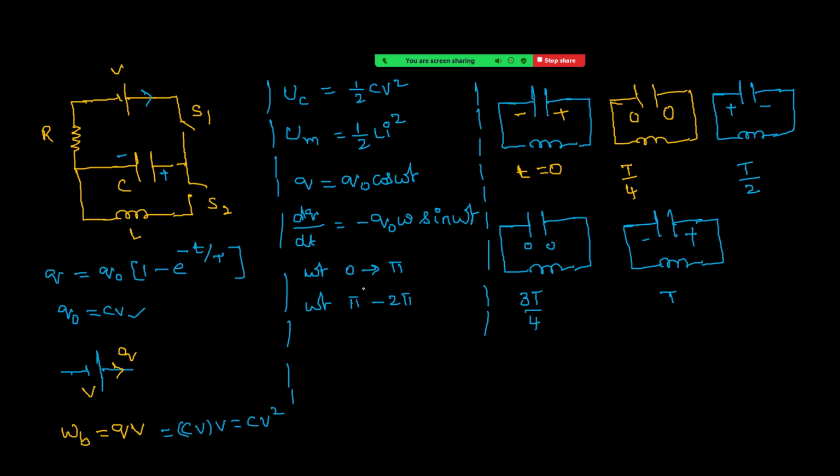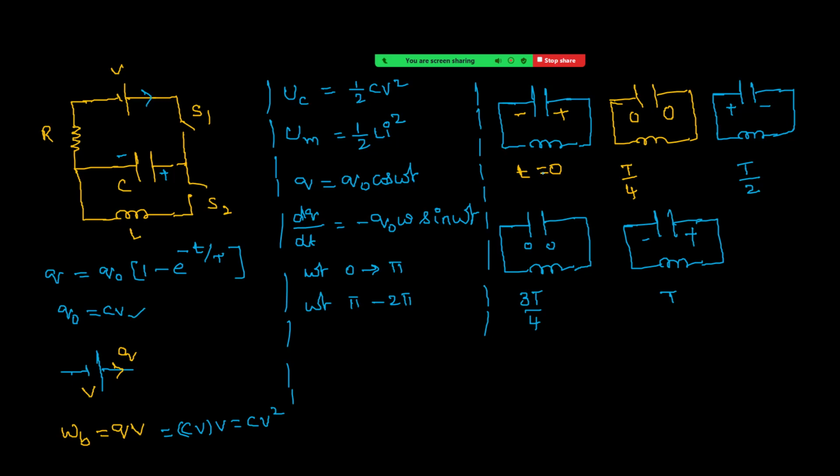Option B: at any time t greater than 0, current in the circuit is in the same direction. That is wrong. Okay. Next, option C: at t greater than 0, there is no exchange of energy between inductor and capacitor.